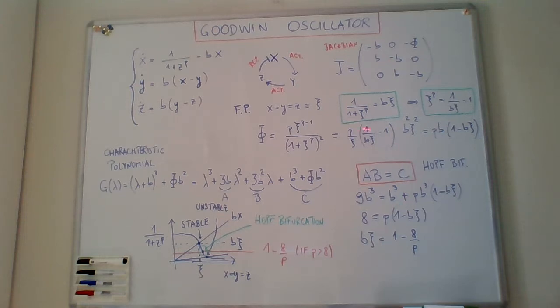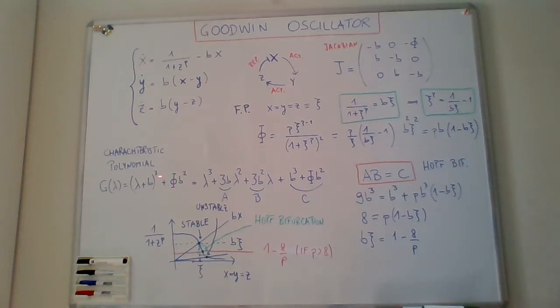All right, so we know what we have to do now. We have to look at the possible Hopf bifurcations here. So we have to solve the characteristic polynomial. The characteristic polynomial is very simple, has this shape. So there are two contributions here. The diagonal part gives lambda plus b to the third, and the off-diagonal part is phi multiplied by b squared.